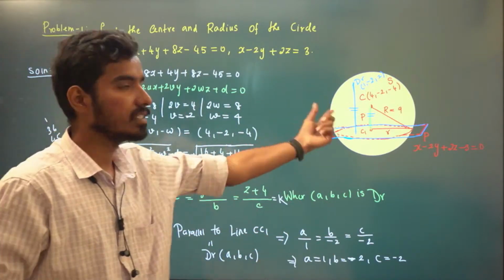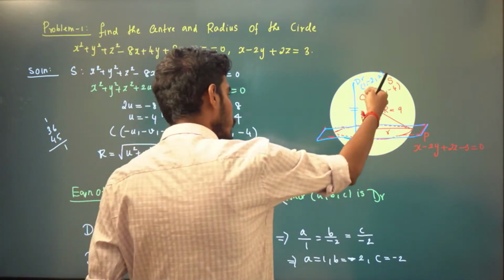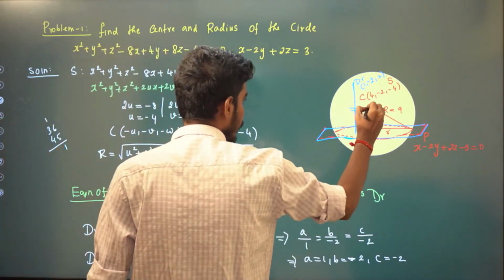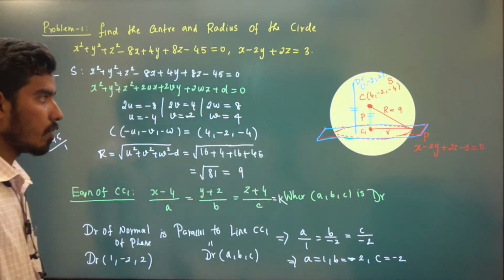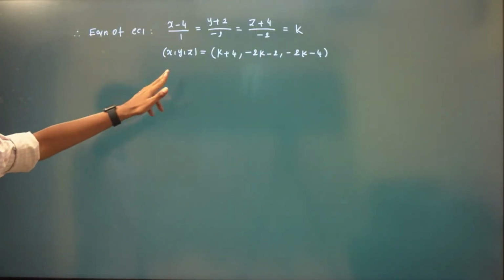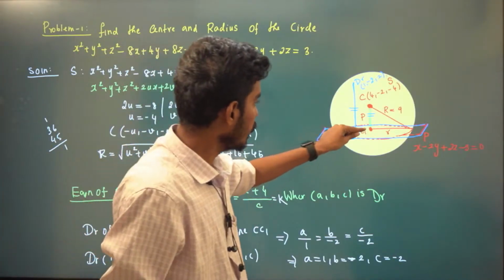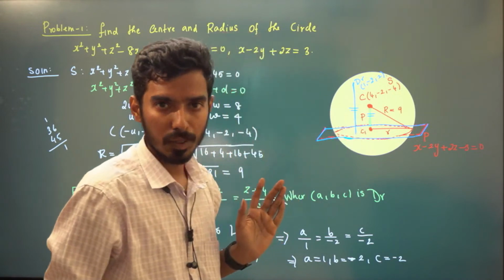C1 will take that value for some k, because any point on this line will be of that form. Depending upon the value of k, you get all the points. For some k, it will be equal to C1.